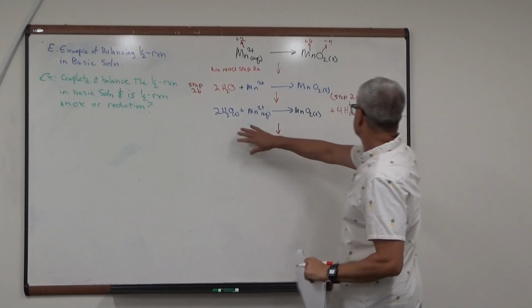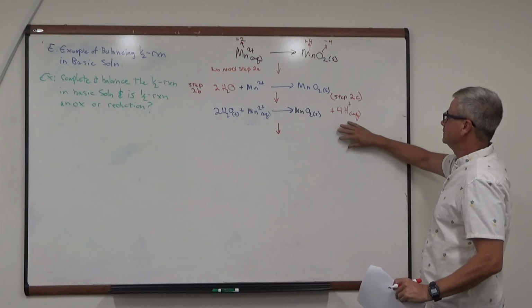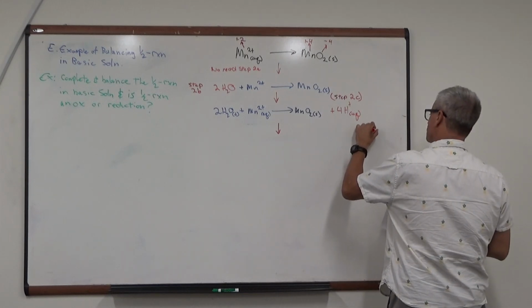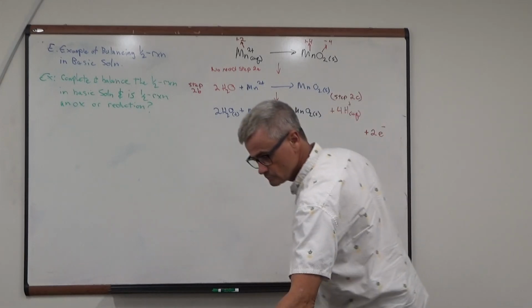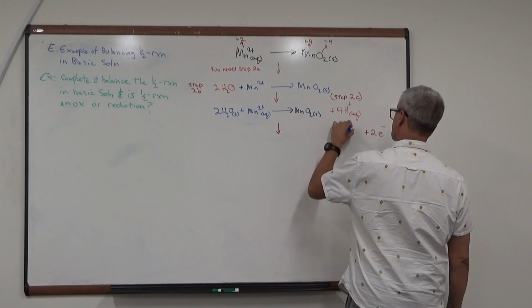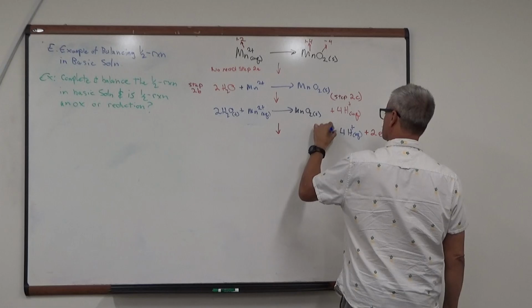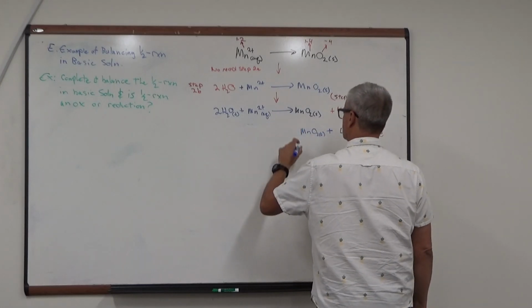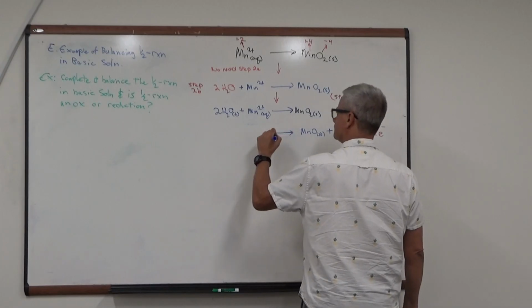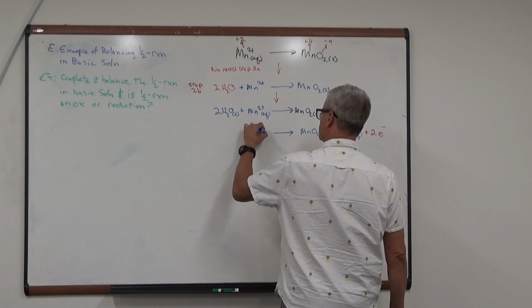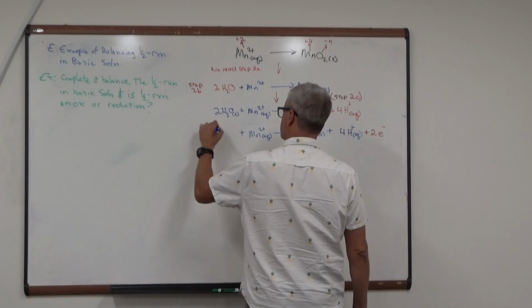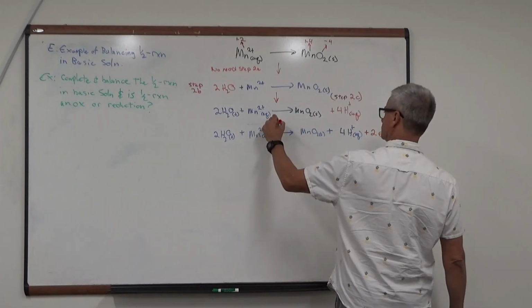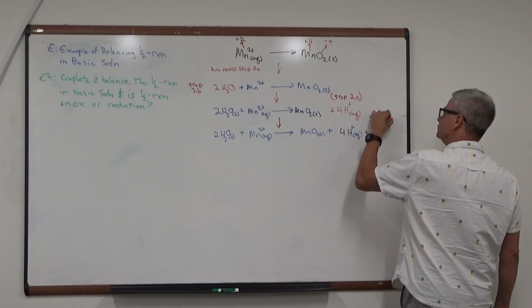We have 2 plus on this side and 4 plus on this side, so we'll add 2 electrons over here so that it's 2 plus and 2 plus. That was step 2D.